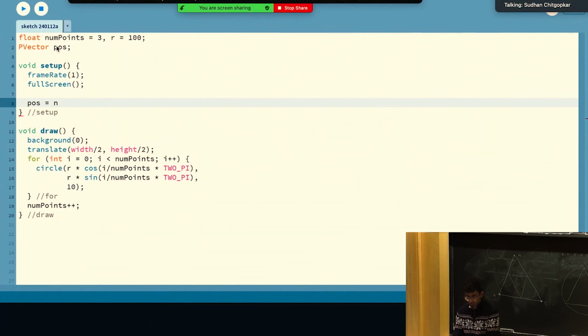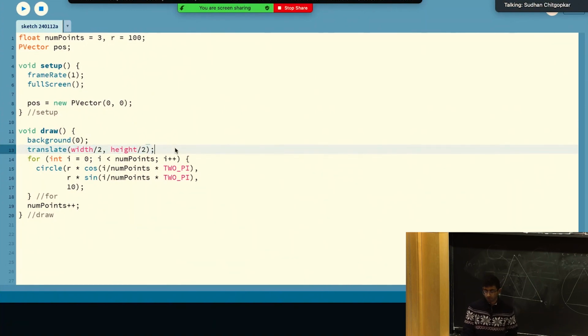So we say our position is a new p-vector, and we want to start it at the origin, so at 0, 0. And remember that 0, 0 coordinate is going to get shifted to be the center of our canvas by this translate function here.